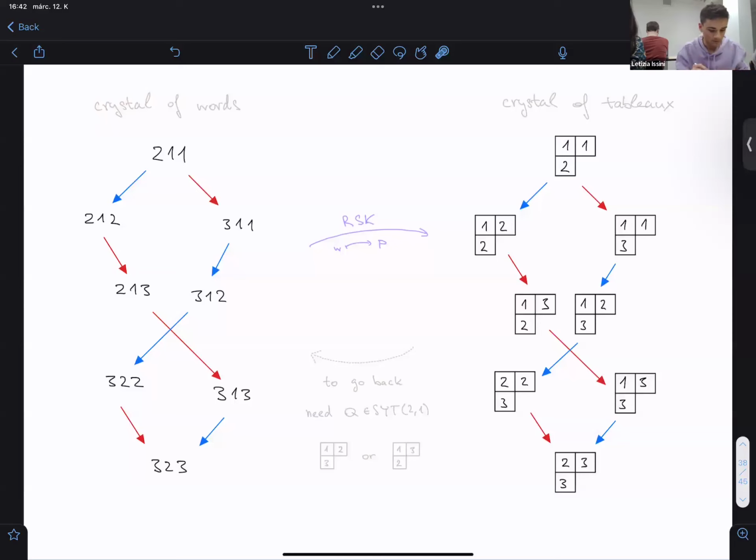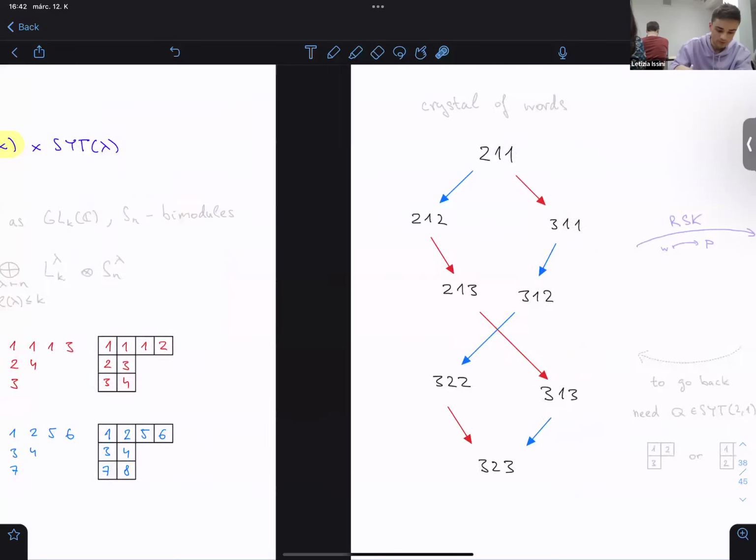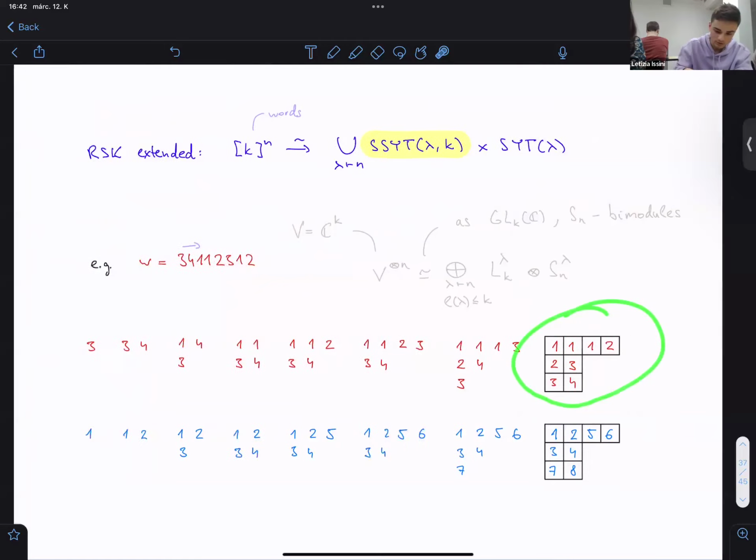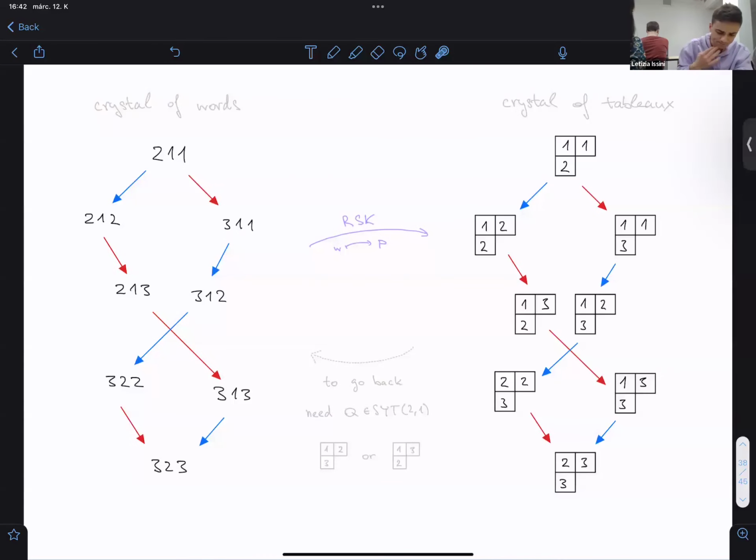So what we'll do is take each word and send it to its insertion tableau, which was the first tableau here, through the RSK, and take the arrows induced by the arrows that we had on the crystal of words. So this way we create a crystal of tableaux.